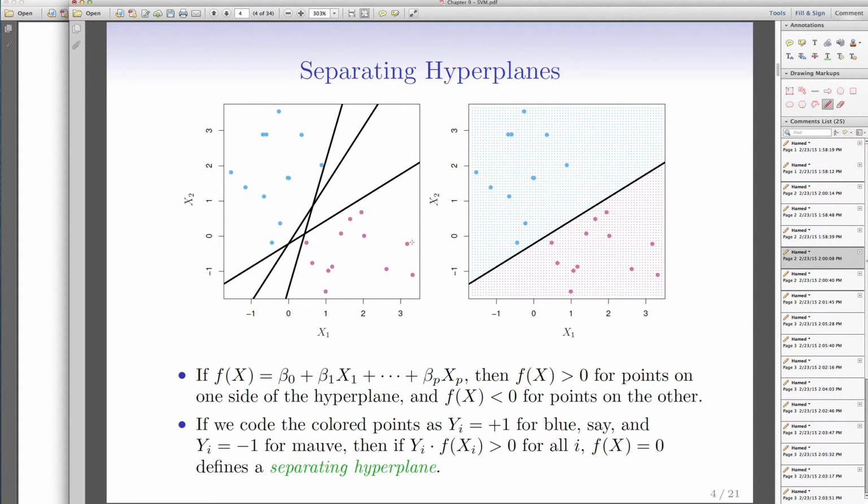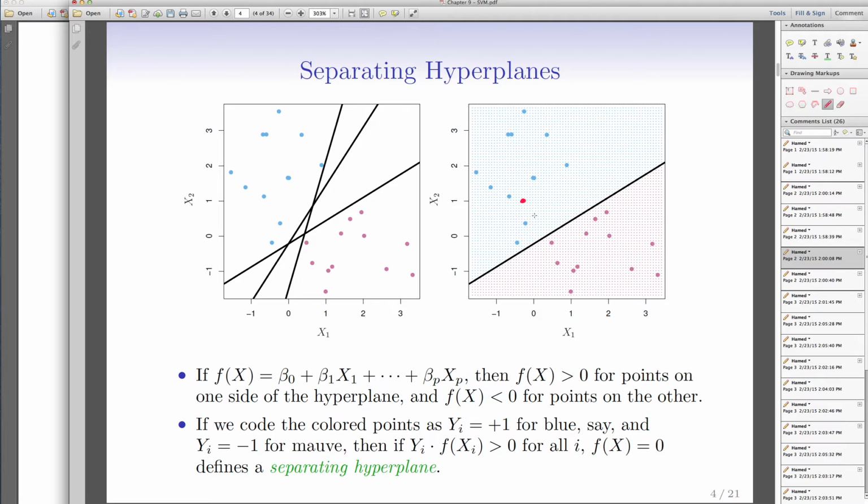Here, for the same data set, we can define two more hyperplanes that divide it into two distinctive groups. So a couple of questions may come to mind. First of all, what if there is no hyperplane at all? What if we have, mistakenly, some purple dot here?